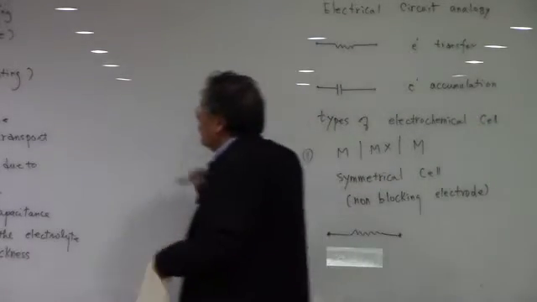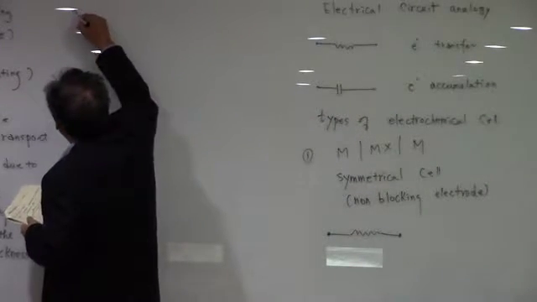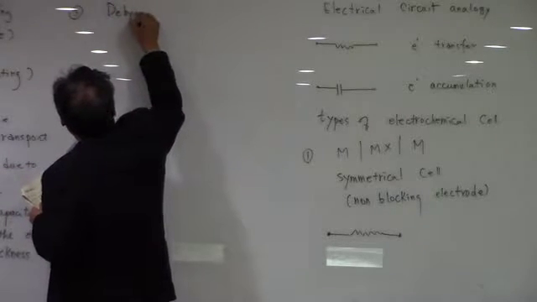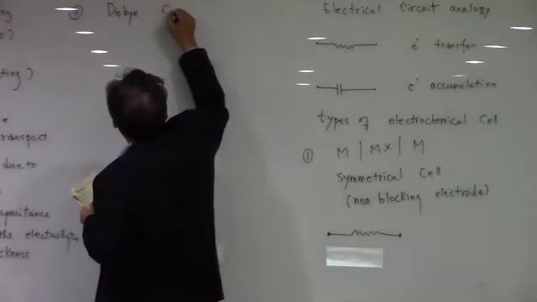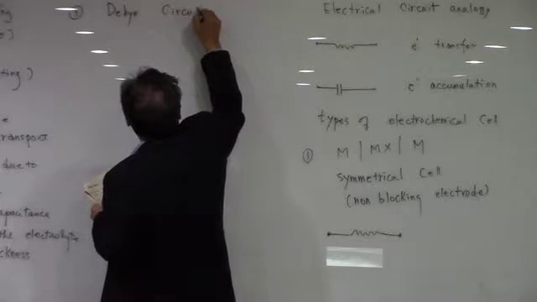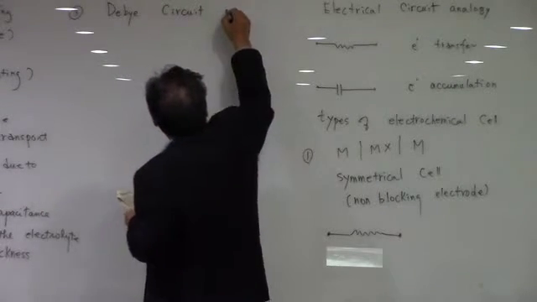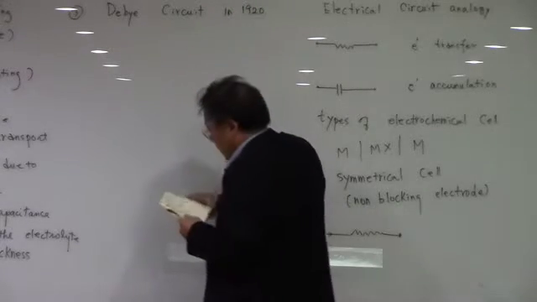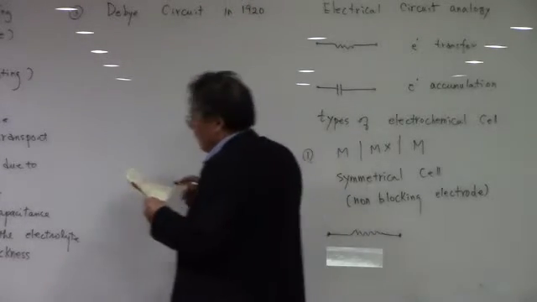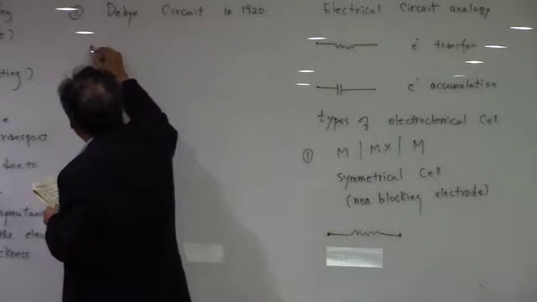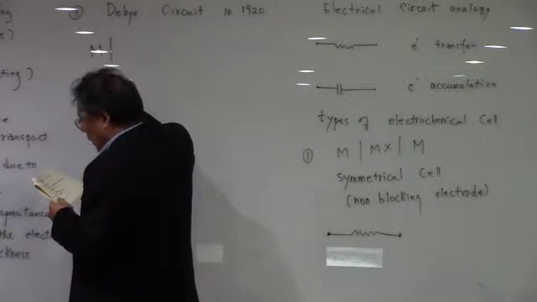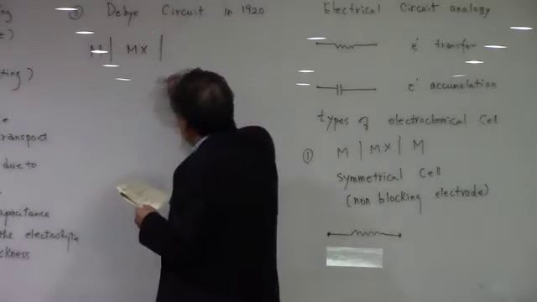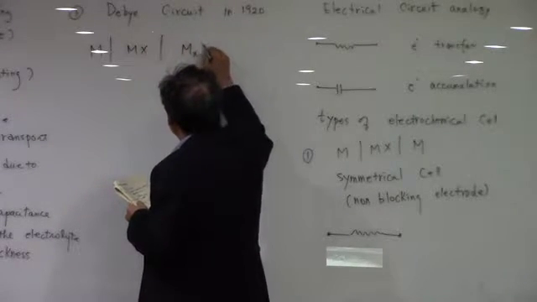And then the third type is going to be called the Debye circuit, which was developed in the 1920s. Okay, that is the electroactive species, electrolyte, and the mixed conductor now.